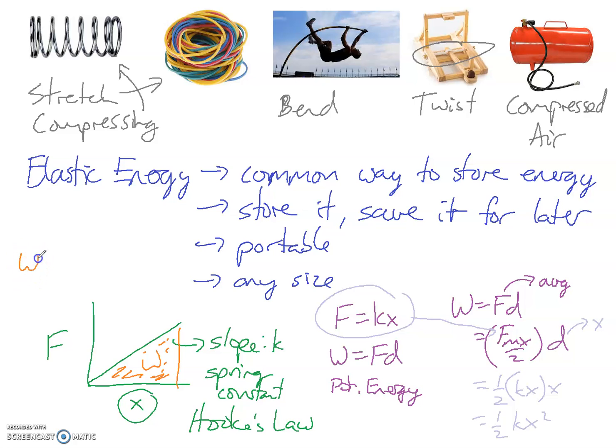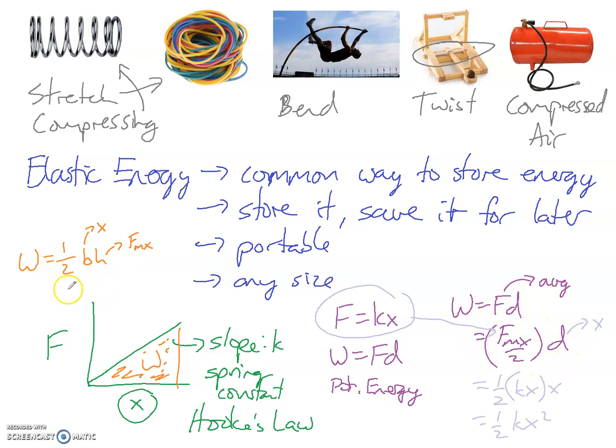If I did that, it's just the area of a triangle, 1/2 base times height, right? Well, the base is your x value. The height is the maximum force that was used, and we can piece it together this way. And you can see this will end up being the exact same thing that we had over here.